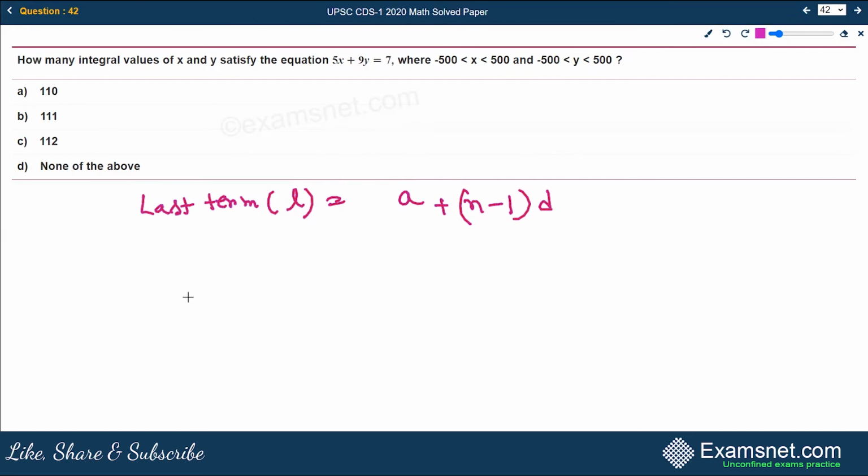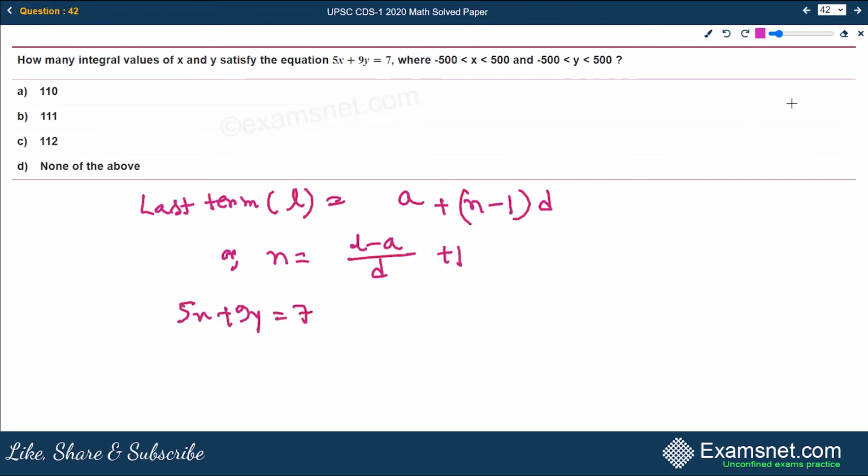Now, if I rearrange it, we will get the value of N as (L minus A) by D plus 1. So if I'm trying to find how many terms are there in that AP, that is the formula: last term minus first term by common difference, plus 1. Okay, now look at the given question.